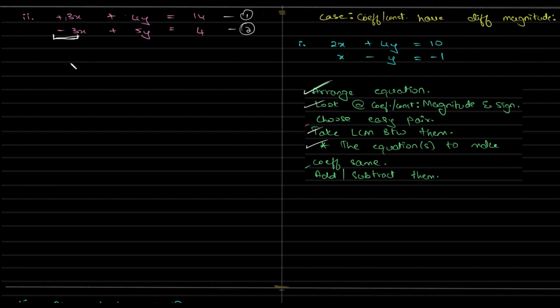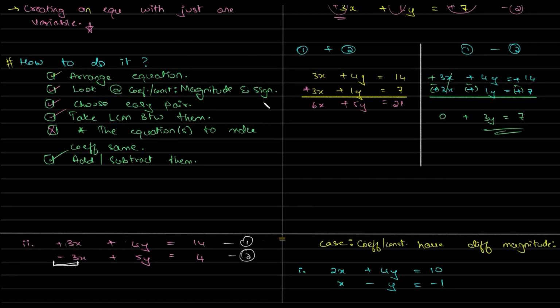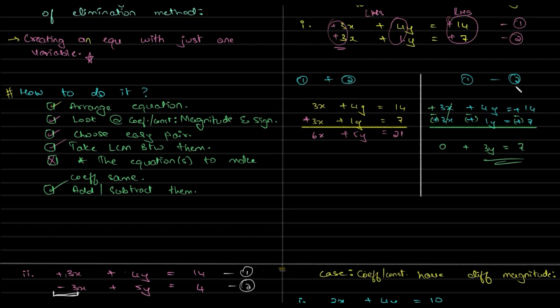What does subtraction actually mean? So let's look at this again. Whenever we are subtracting an equation from the other, in this case, we are taking a negative of equation 2. Right? Subtraction here is taking a negative of equation 2. So what is it that we are doing? We're converting the positive sign to negative and the negative sign to positive.